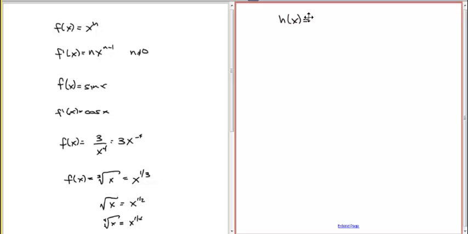I think it's true for pretty much everything. So if h of x is the product of two functions, then the derivative is f prime of x times g of x plus g prime of x times f of x.